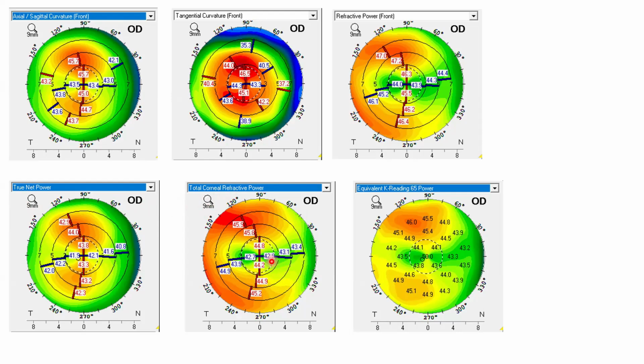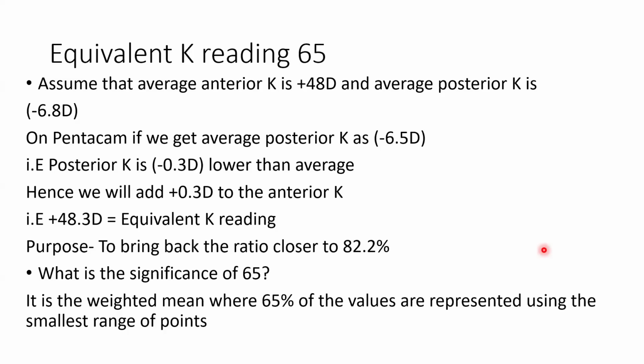It is similar in that it considers both anterior and posterior corneal curvatures, and it is an arithmetic addition of that. But this map as well we cannot use with a formula which considers the refractive index of 1.3375. And coming to the equivalent K reading 65 power, it uses Snell's law and it can be used with any formula that uses 1.3375 as the refractive index.